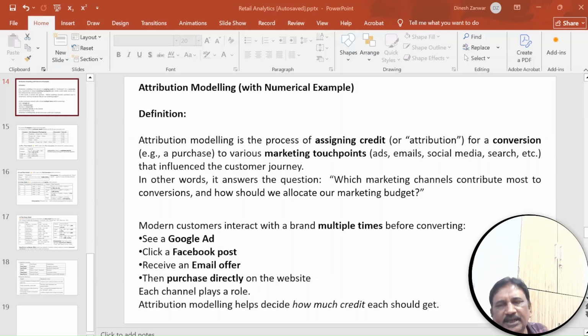So as the time delays, the weight assigned to each touch point decreases. The time decay model highlights the end of funnel efficiency. Email and direct are the key closers. Then another model, which we will not be discussing much, is data-driven attribution.